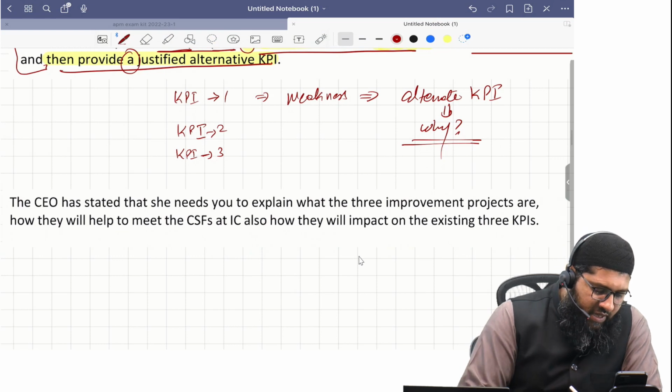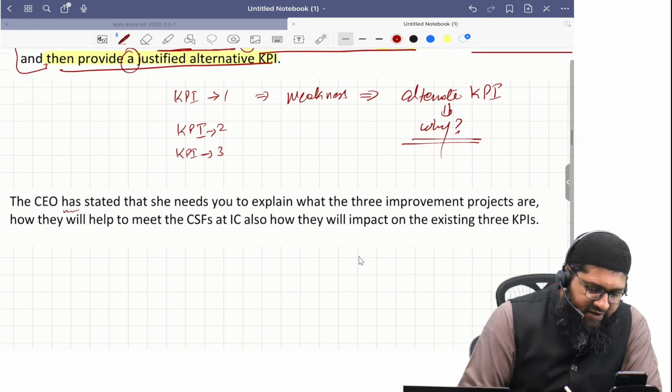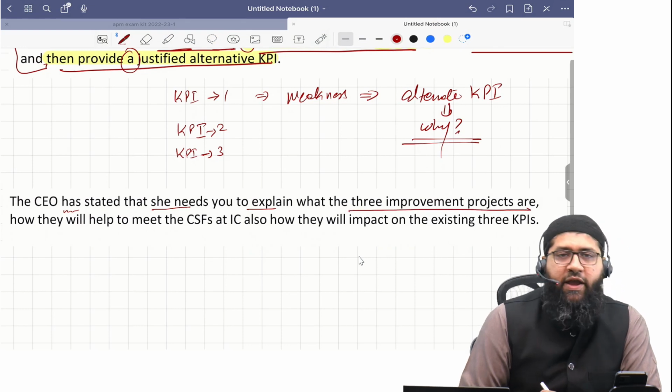It says the CEO has stated that she needs you to explain what the 3 improvement projects are.